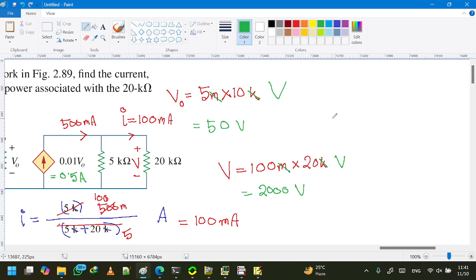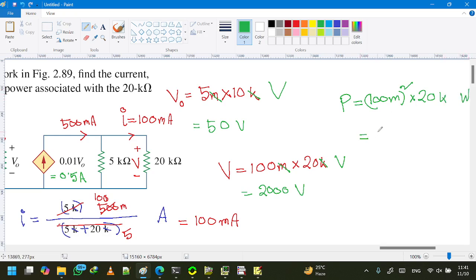Finally, we can calculate the power P either way: P is VI, or I square R. We can have this 100 milli squared multiplied by R, which is 20 kilo, and the unit will be watt.